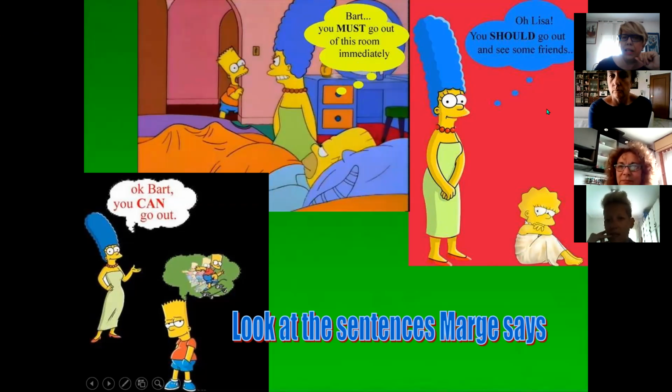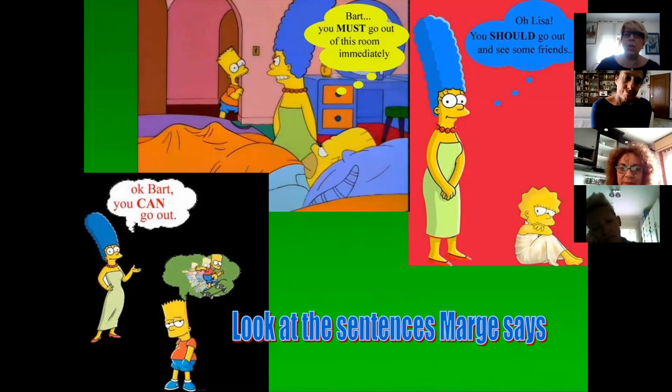What about here? A suggestion. Let's say it's a suggestion, a possible suggestion. And this one? A permission. You can. Yes, it's a permission. So you already know how to locate these things by meaning.